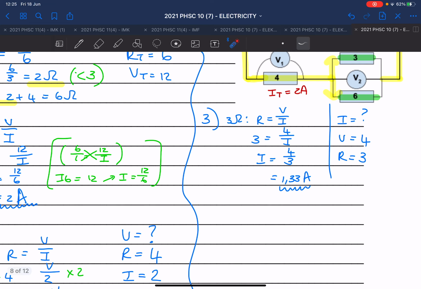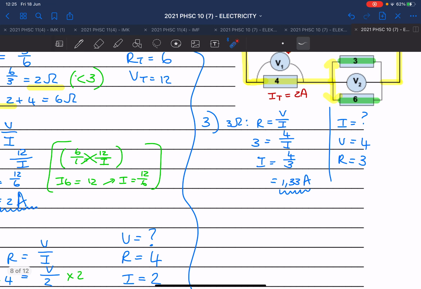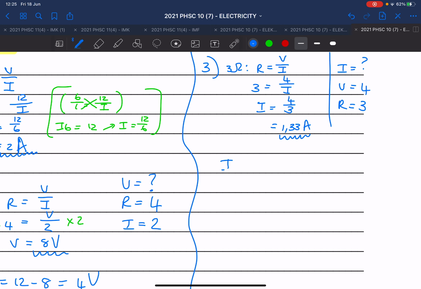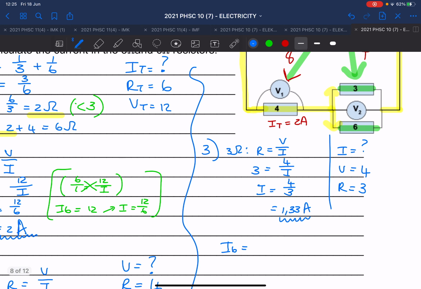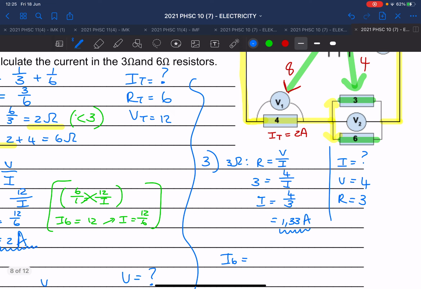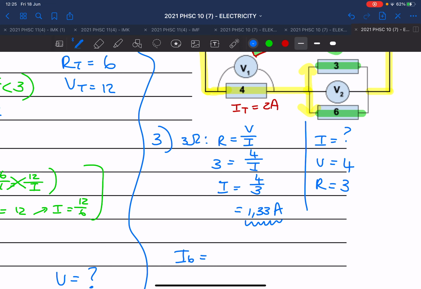Good. Then, Bongani, back to you. Without doing any big calculation like this, what is the current that goes through the 6 ohm resistor? Nia, we just did it.